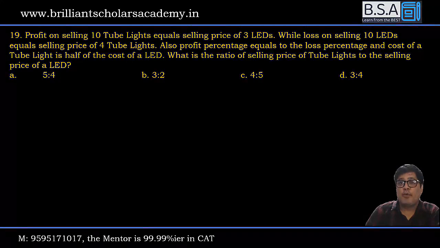Also, profit percentage equals the loss percentage, and cost of a tube light is equal to half of the cost of LED.